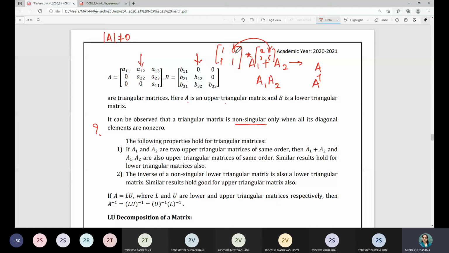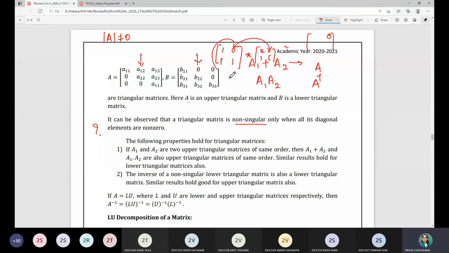When you consider the multiplication, forget about all the other entries, but the resultant entry in the first row, second column is this into this, so 1 into 0 plus 0 into 5, it will always be 0. So addition also, and I have shown it to you for lower triangular. A similar thing you can consider for upper triangular as well.